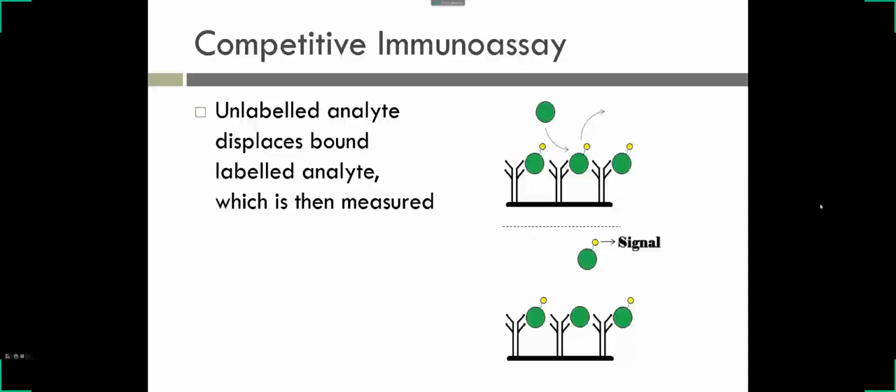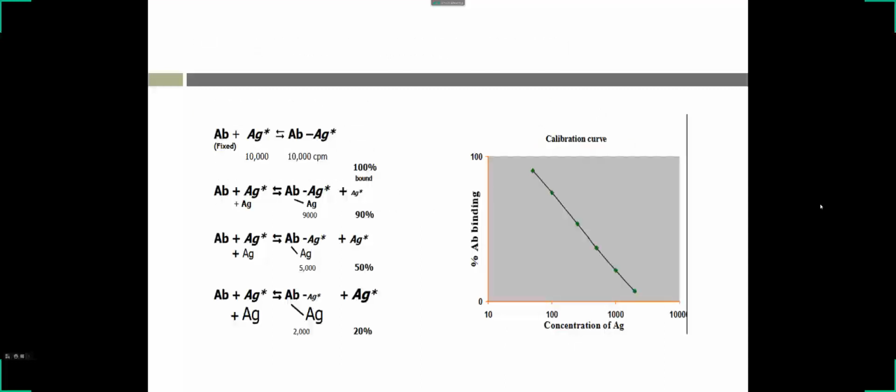We know how much we put in there, and then we want to know how much insulin is in the patient's body. So we take a blood sample, we put that into our known concentration of fluorescent insulin, and we measure the displacement. And you can run calibration curves so you know the concentration of what you put in, and then back calculate the concentration of the hormone from the sample.